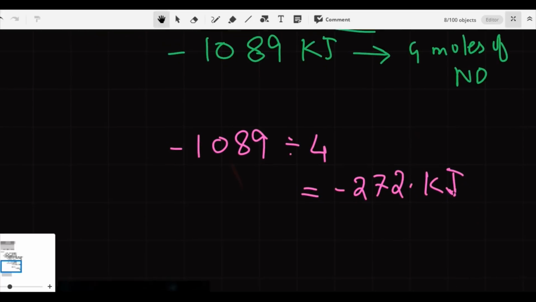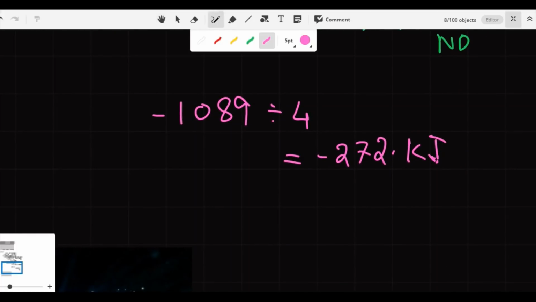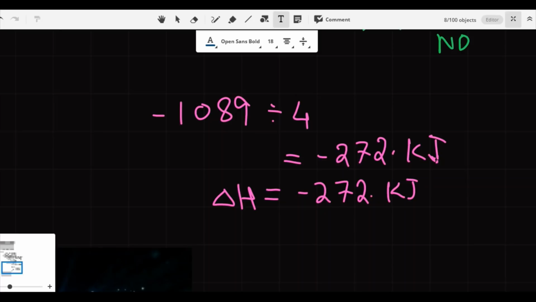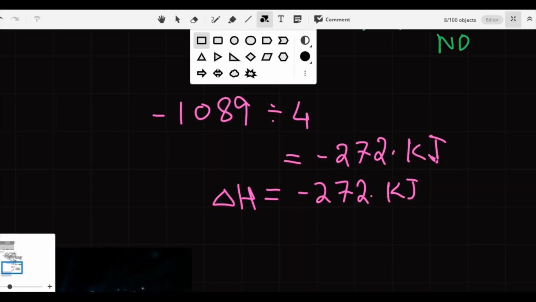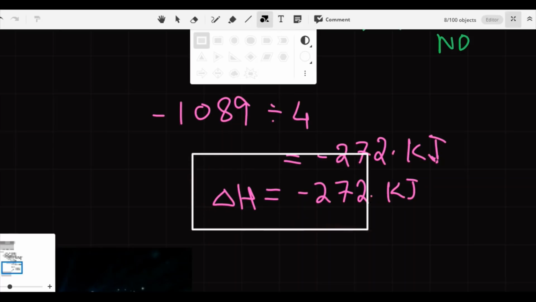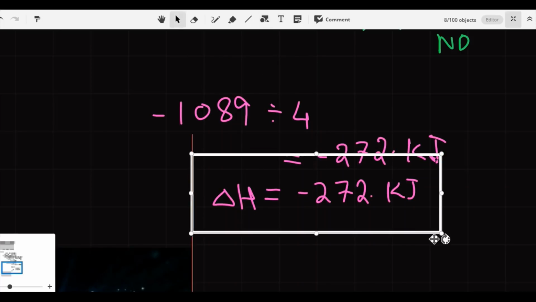Okay, so that is your final answer. It means the del H, or change in enthalpy, for 1 mole of nitric oxide will be negative 272.0 kilojoules. Okay, so that is your final answer.